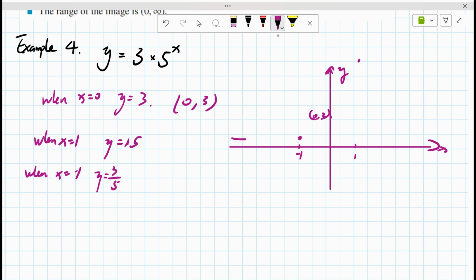So that'll be like that. So the graph is actually bigger by the factor of the y values. So the range is from 0 to positive infinity.